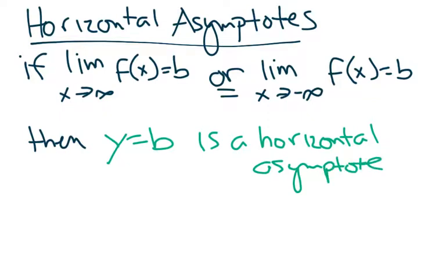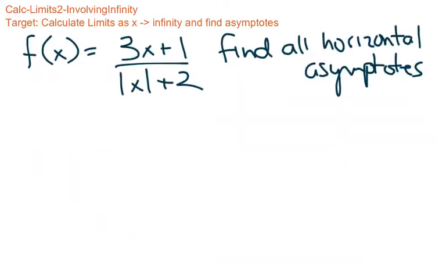Now recall that y equals b is a horizontal line, because y is always b. The height is b, which makes a collection of points that are horizontal.